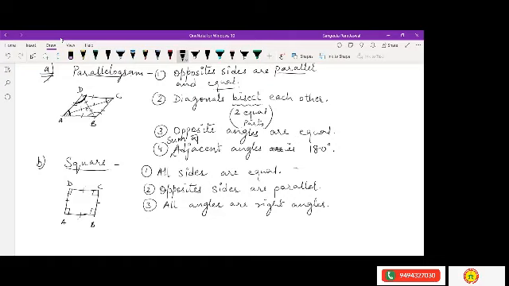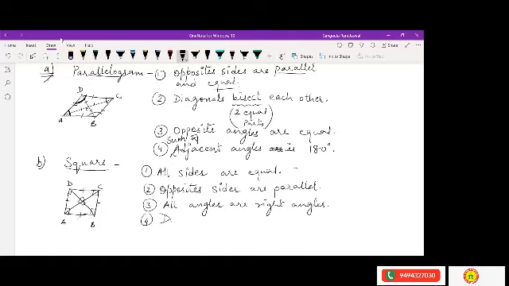And if I have to speak about the diagonals, you know how are the diagonals here? The diagonals make a 90 degree angle at the center. So diagonals cut each other, making 90 degree angles at the center.